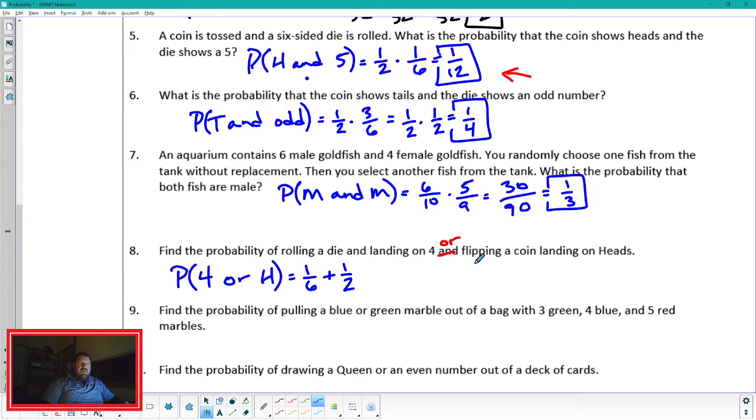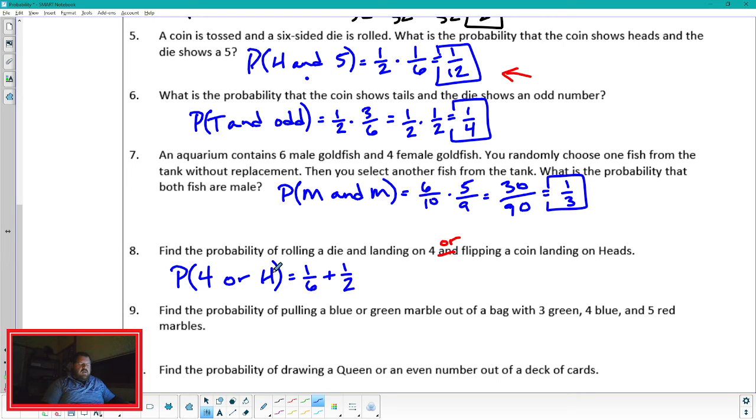And then this means that there must be a 4-heads combination, at least one, I guess, when we roll a die and flip a coin. And there is one. There's 1 out of the 12 possible, right? We should know that there's 12 from our counting strategies idea. There's 6 options for this, 2 options for this, multiply those together and we get 12.